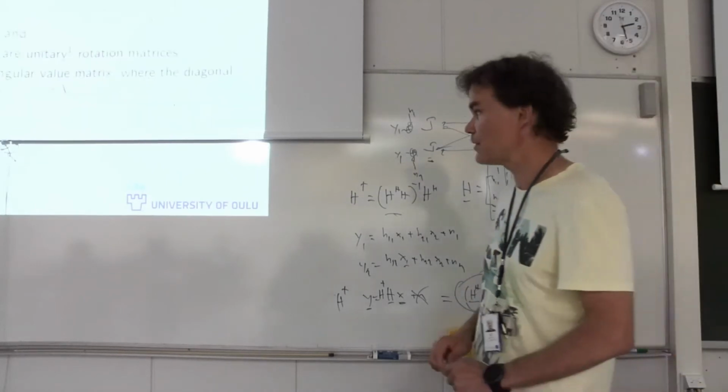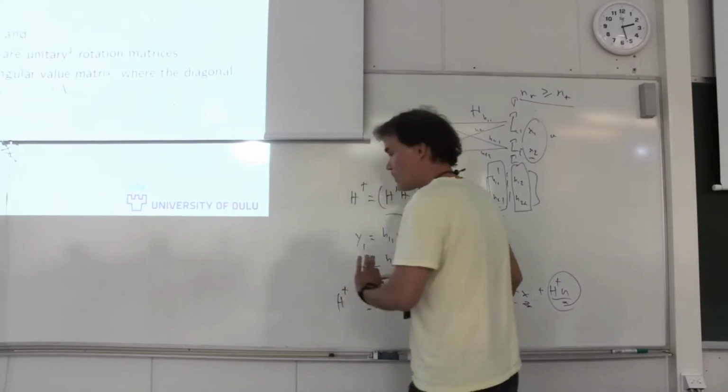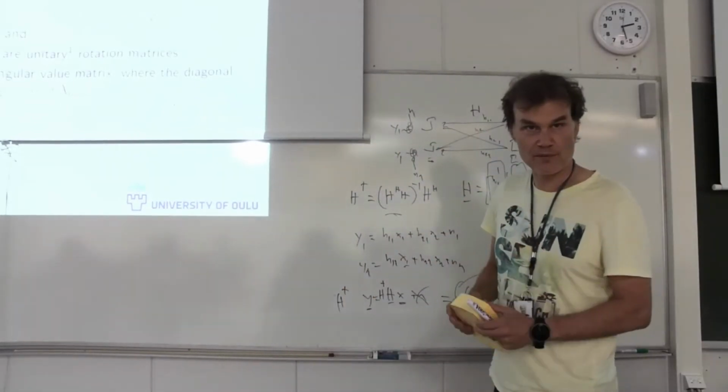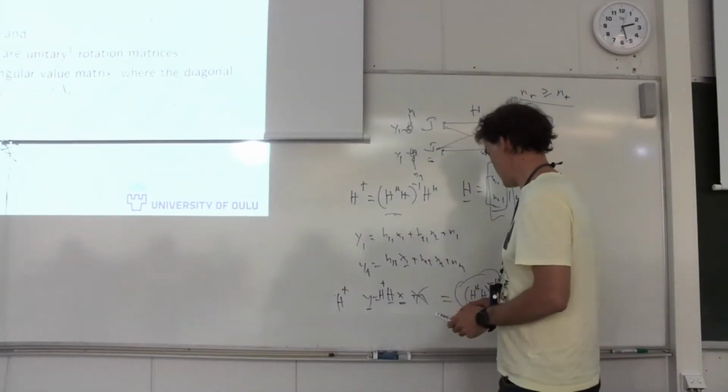Okay, singular value decomposition. I'm going quite fast because this is a recap from Wireless Communication 2. If you need to look into more details, you can go to Moodle and check the lectures from WirelessCom 2.